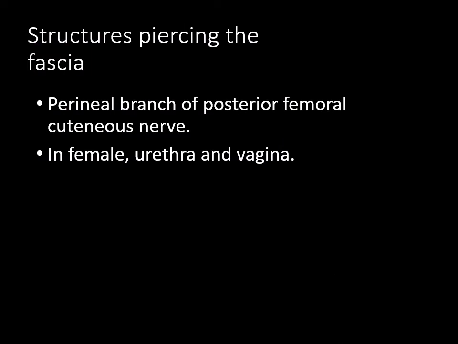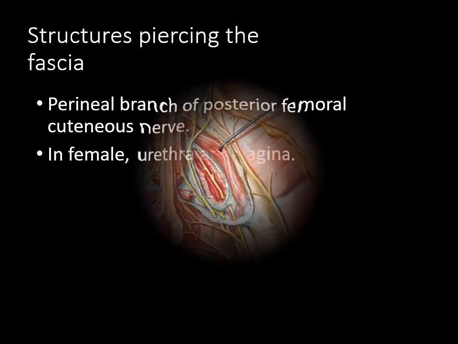Then what are the structures piercing the Colles fascia? In the female, we can identify two orifices. One is anterior, the urethral orifice, which is piercing it and opening into the perineal outlet or pelvic outlet. The vaginal orifice is also piercing the Colles fascia and opening outside through the pelvic outlet. Then the nerve piercing the Colles fascia is the perineal branch of the posterior femoral cutaneous nerve.